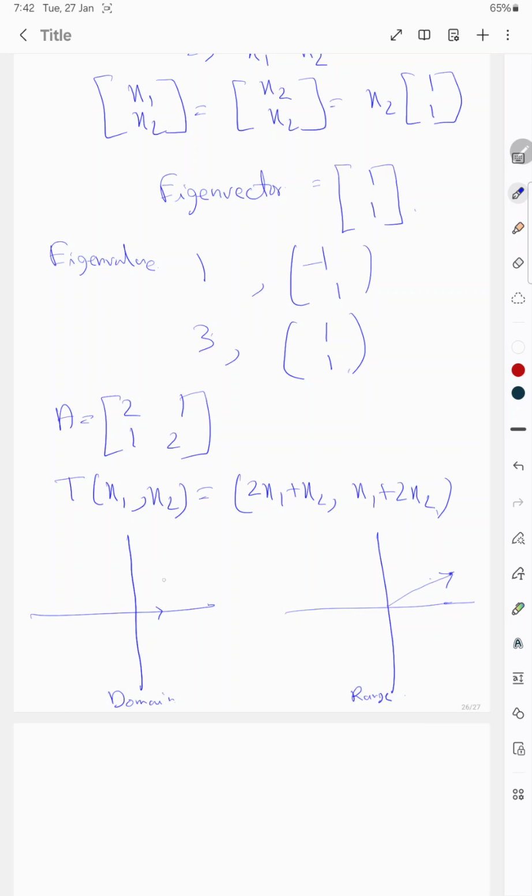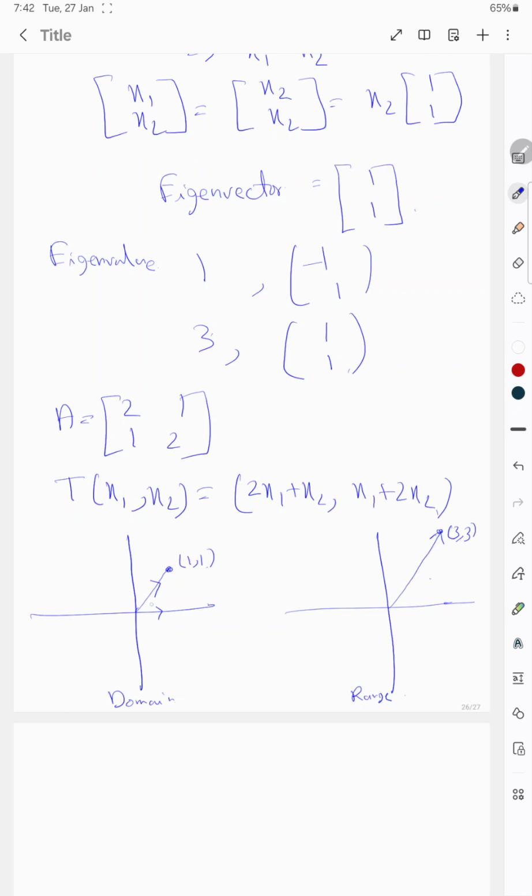So 1 1 means this one, right? This 1 1 is going to which point? You see 2 plus 1, 2 plus 1, so this 1 1 point is going to 3 comma 3, right? So it will be 3 comma 3.